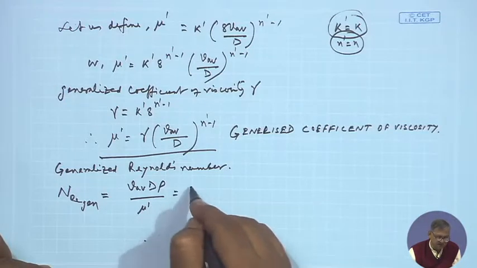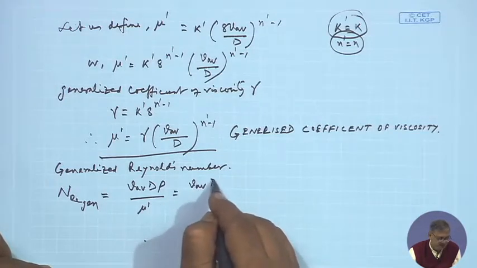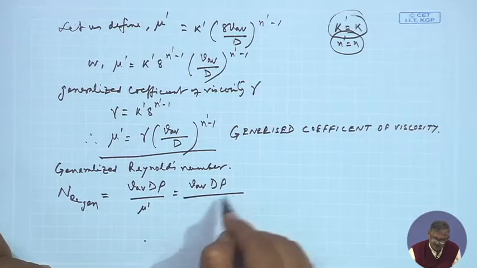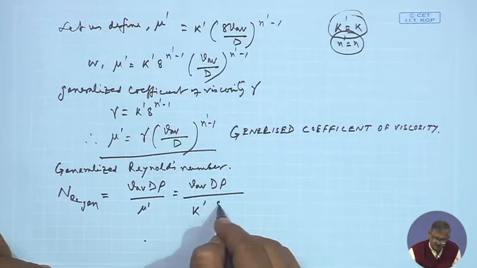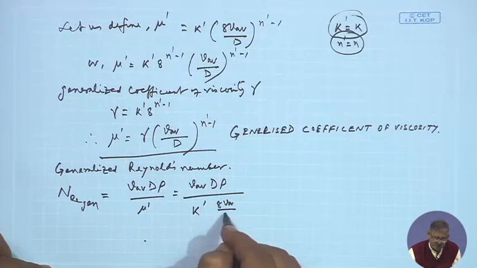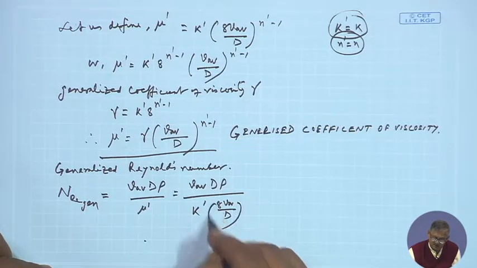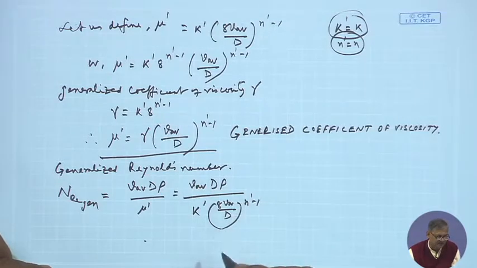So, this is equals to V average d rho, since mu prime is k prime into 8 V average over d to the power n prime minus 1.